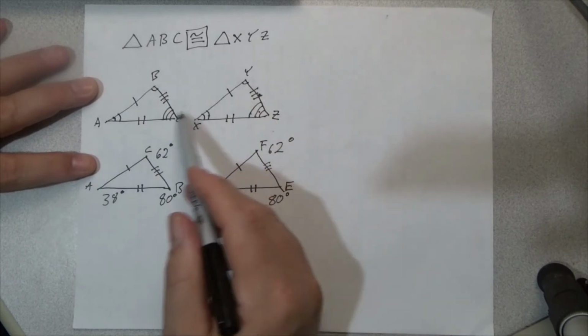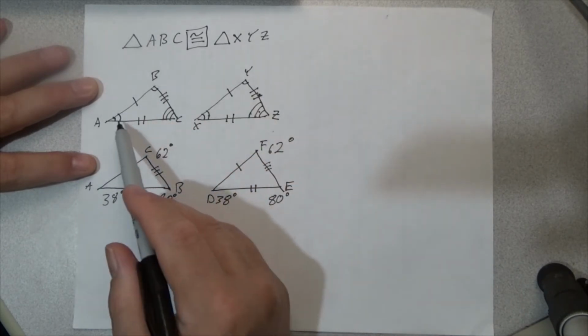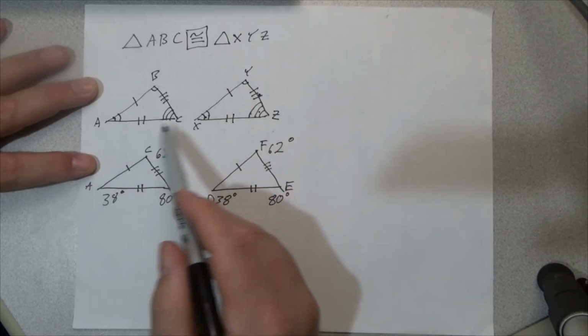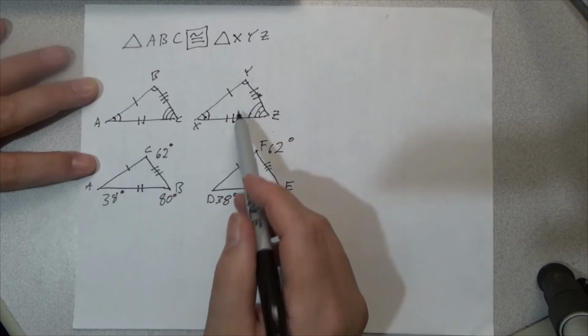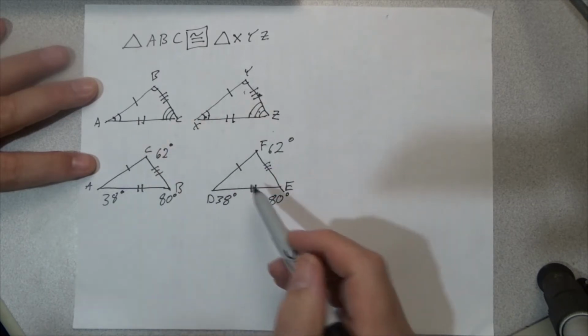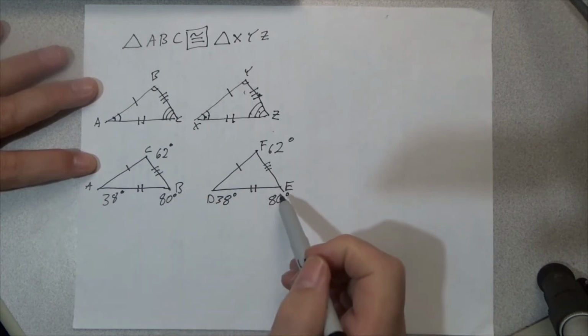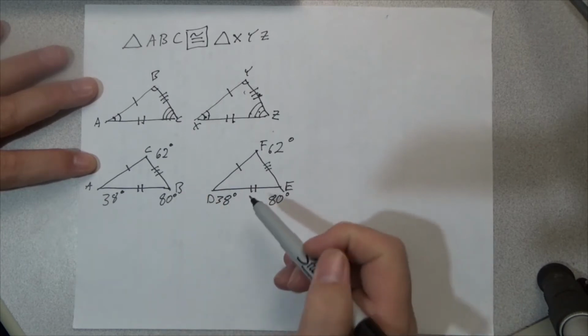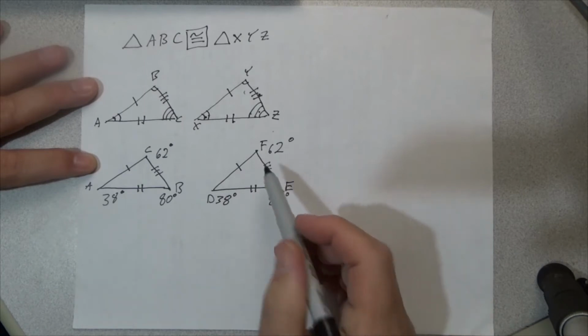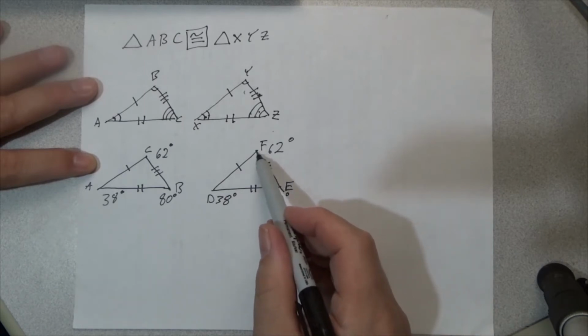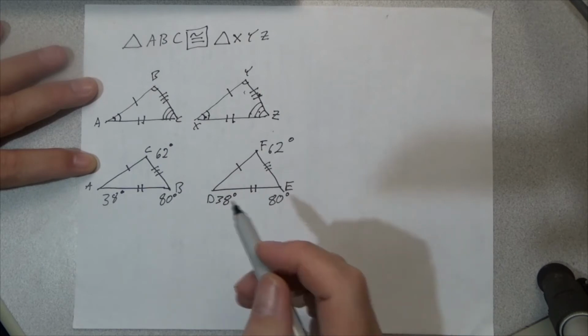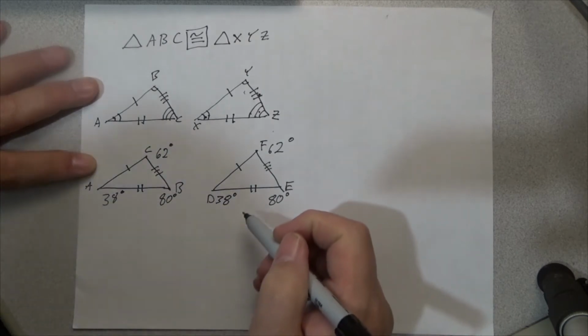I don't necessarily know what the angle measurements are, but I know that this angle and this angle are congruent. This side and this side are congruent because of the marks that I give. This one, I know that angle B and angle E are congruent because I give the measurements of them. And the same thing is true with angle F and angle C, and then angle A and angle D.